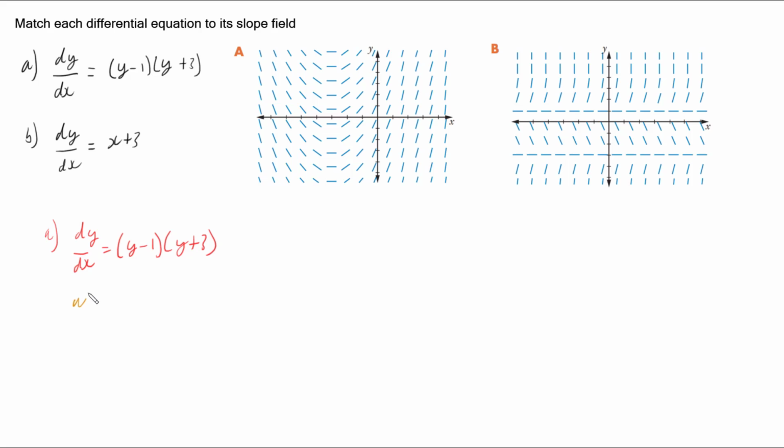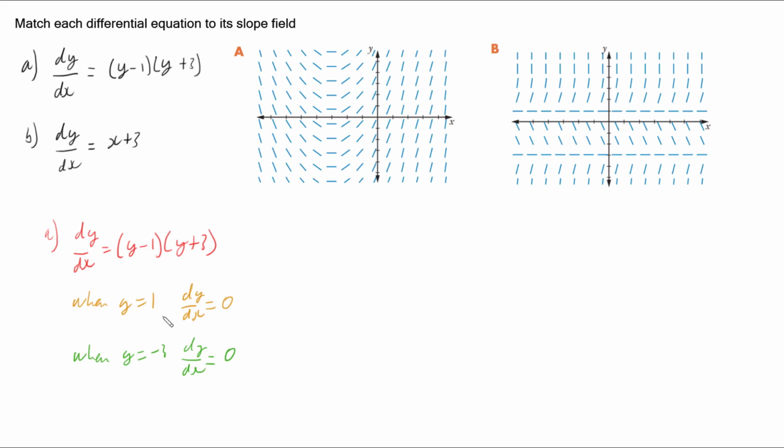So when y equals 1, dy dx would be 0, which means there is a slope of 0. And also when y equals negative 3, dy dx would also be 0.